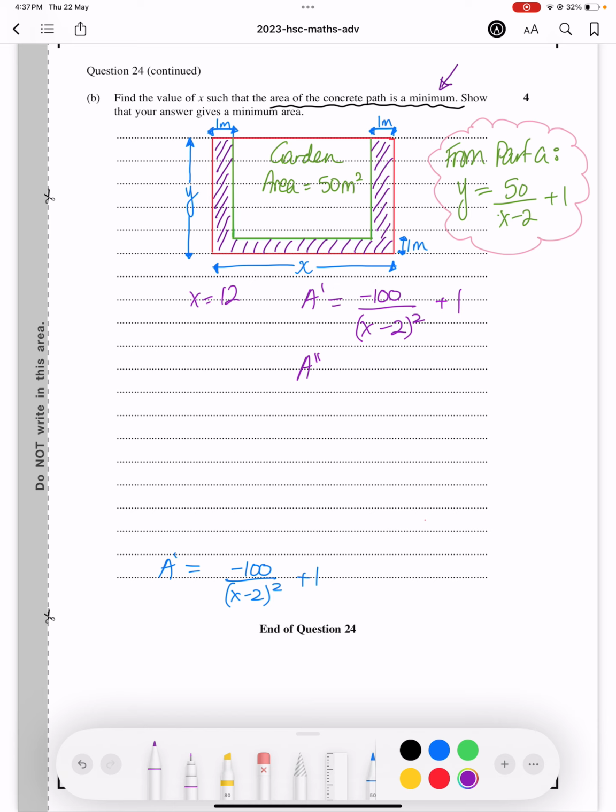Again, when we come to this, we have to use the quotient rule once more, which is u dash v minus v dash u all over v squared.